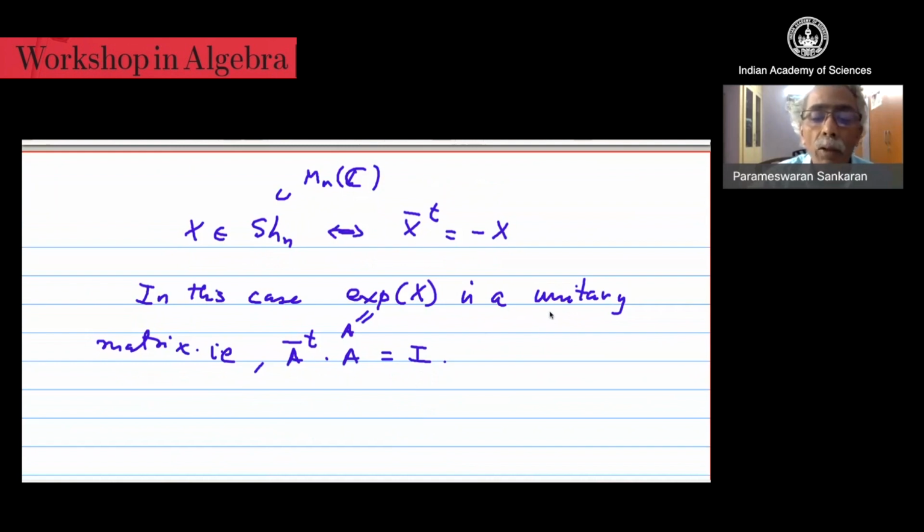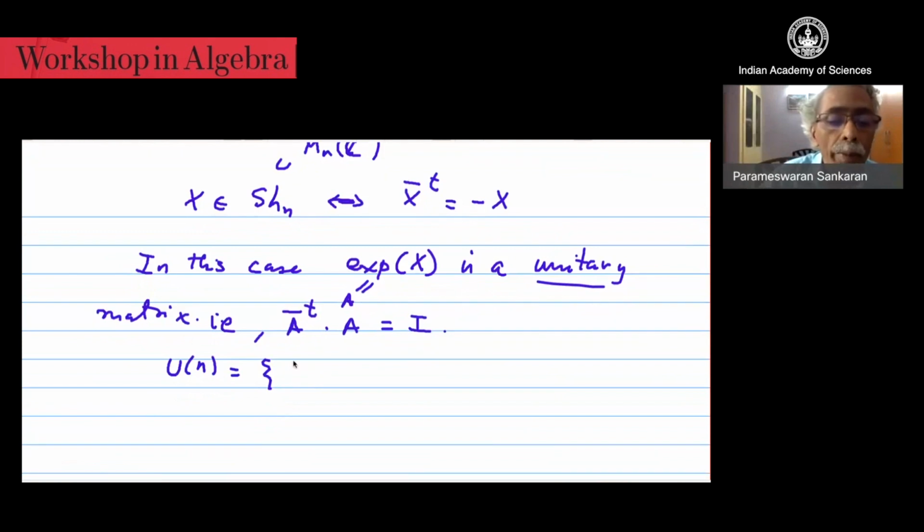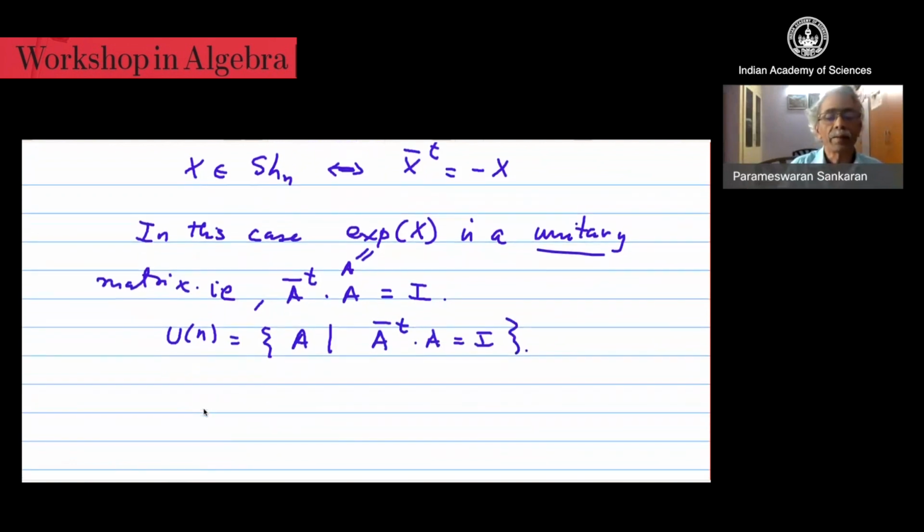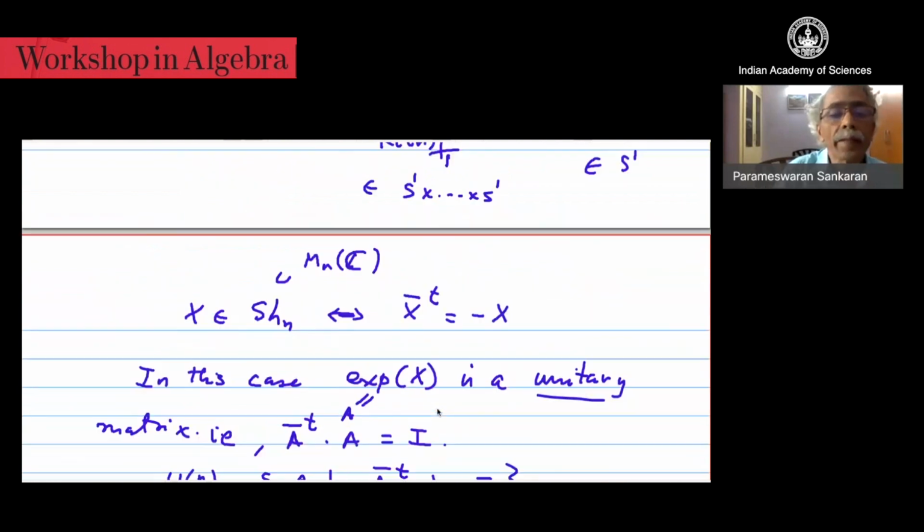But I want to recall for you what this unitary group is. So UN is actually the space of all matrices A such that A bar transpose times A is actually identity. Okay, and I should have emphasized that last time also. This is a group. Just like here also it's a group.